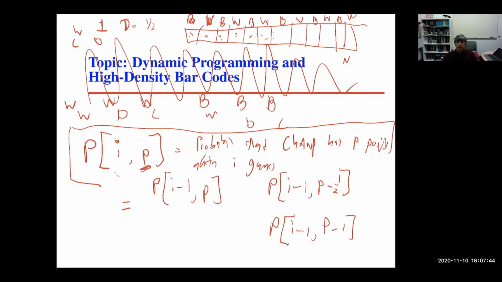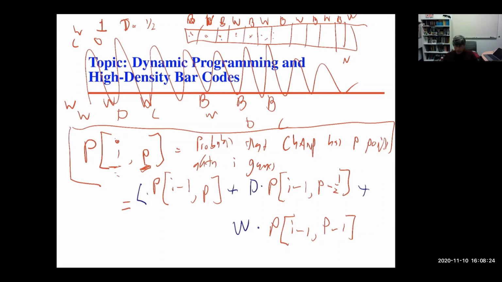Does everybody agree? If I am going to end up after i games with P points, my probability for doing that is going to be based on W, the win probability, D, the draw probability, and L, the loss probability.